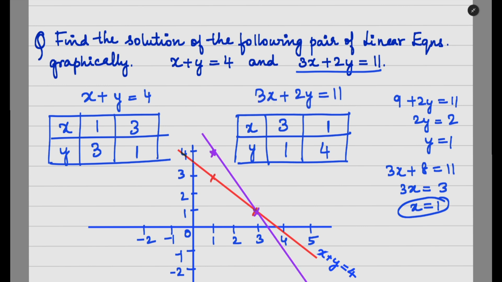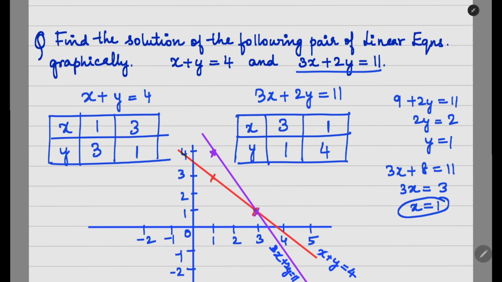So what is this line now? This purple line is the second equation, 3x plus 2y equal to 11. Now you can see, right? Which is the solution? Both the given equations intersect each other at a unique point.